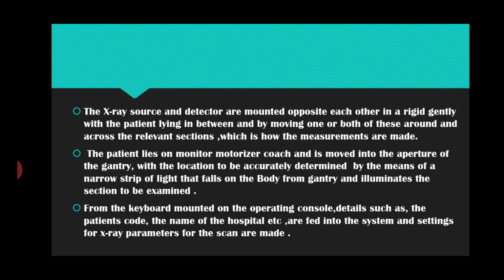From the keyboard mounted on the operating console, details such as the patient code, patient name, name of the hospital, etc., are fed into the system, and settings for the X-ray parameters for the scan are made.